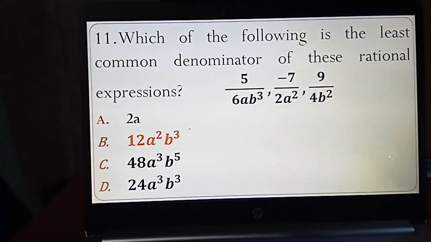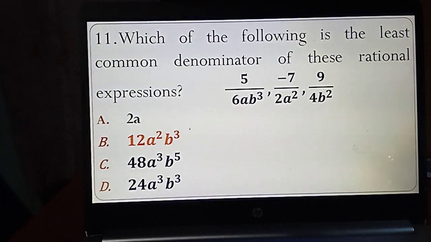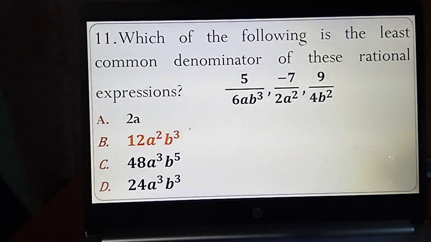So the common multiple of 6, 2, and 4 is 12, the highest exponent for a is squared, and the highest exponent for b is cubed. So the least common denominator is 12a squared b cubed. Okay.